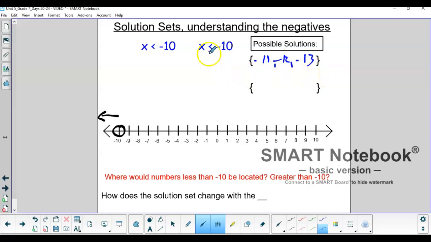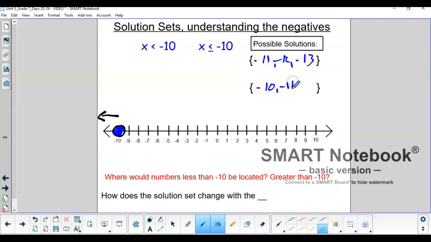Now, the only thing that's going to change with my graph when I go to x is less than or equal to -10, well, 2 things are going to change. One thing is, tomorrow we're going to learn that this dot right here that I used as an open circle to represent x is less than -10 is going to get filled in. And the only thing that's going to change in my solution set is the first number that is less than or equal to -10 is -10 itself.